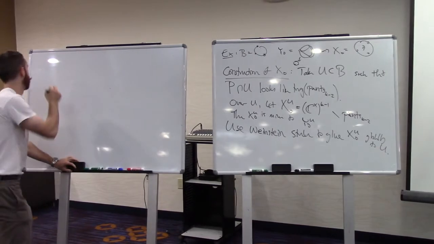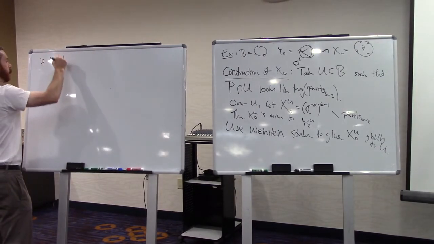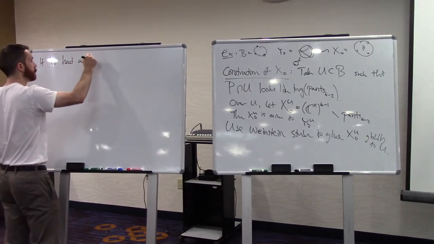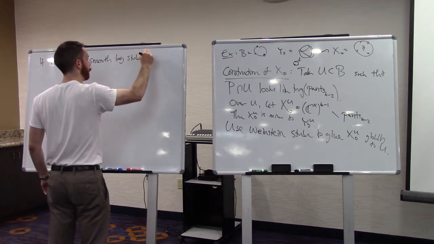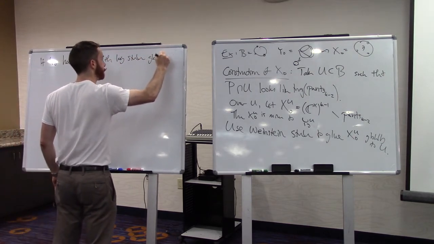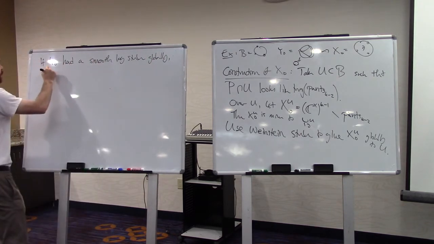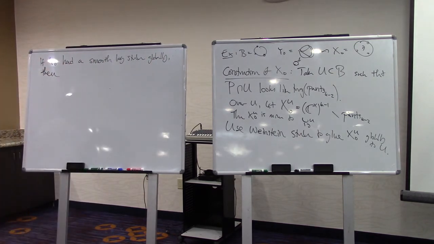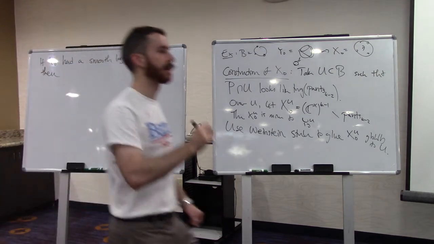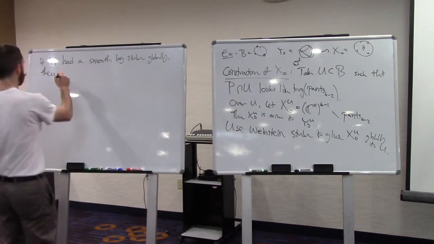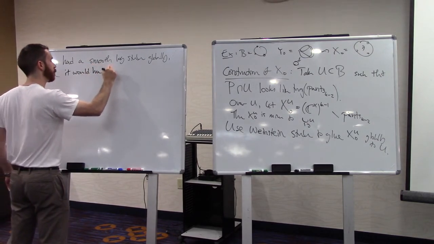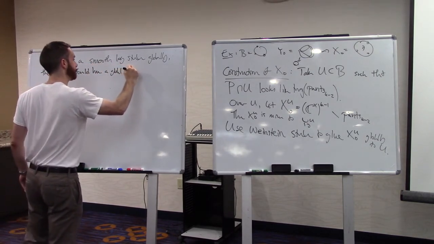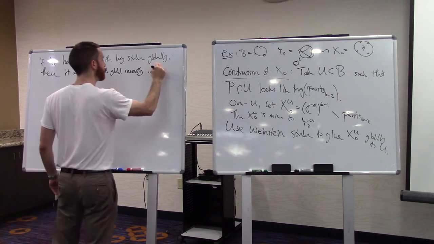If Y0 had a smooth log structure globally, then it would have a global smoothing with smooth total space.